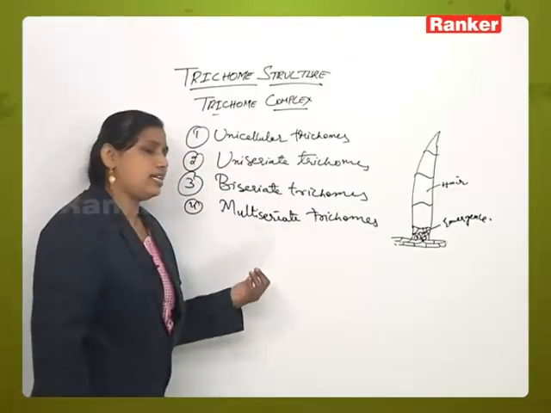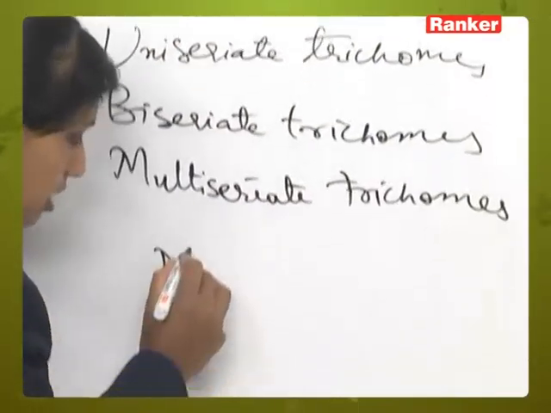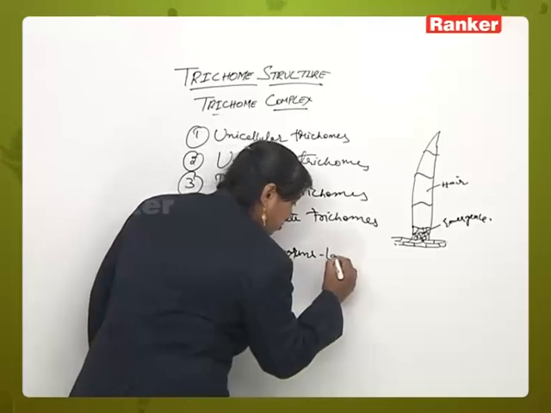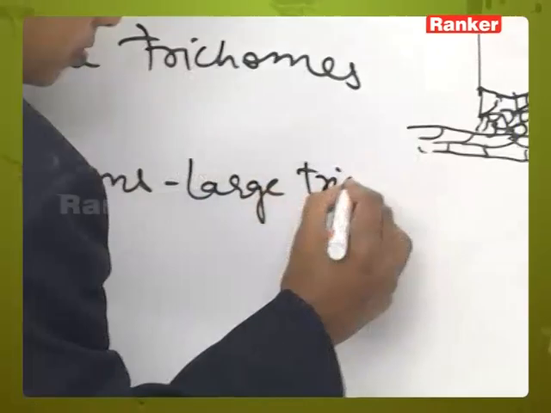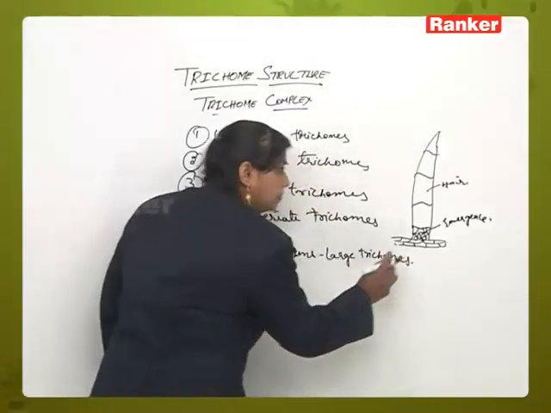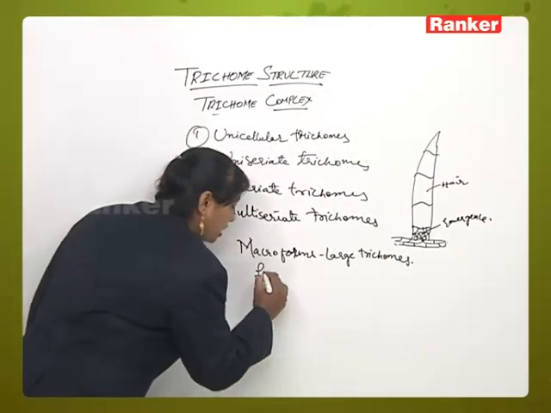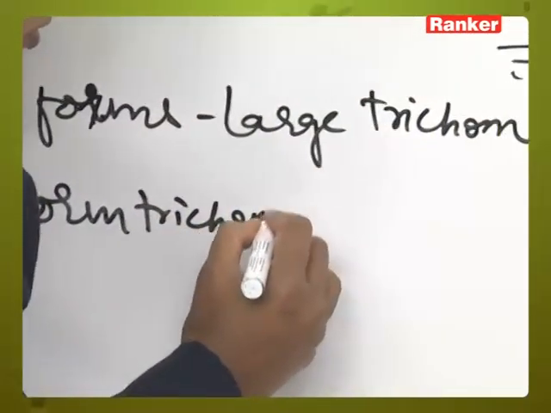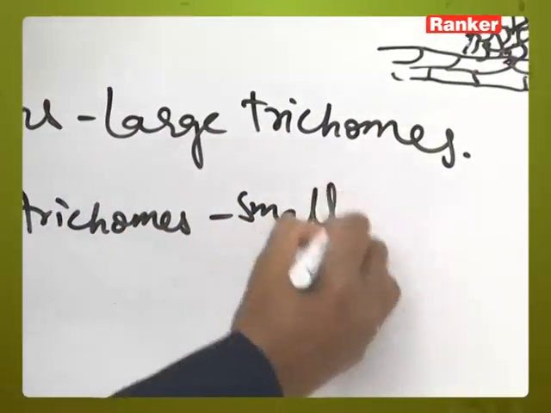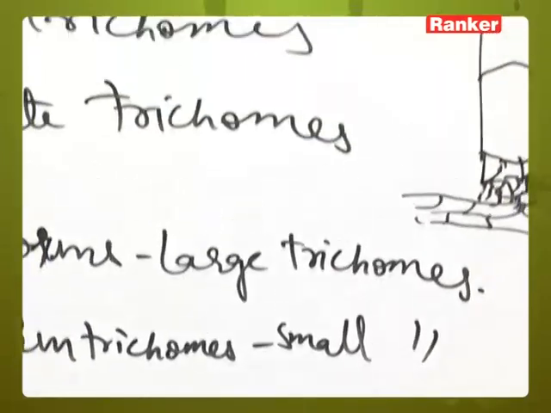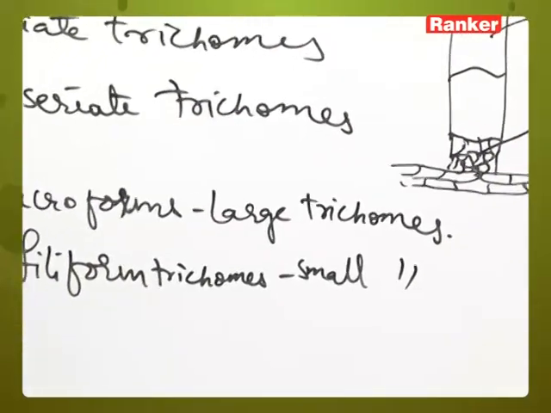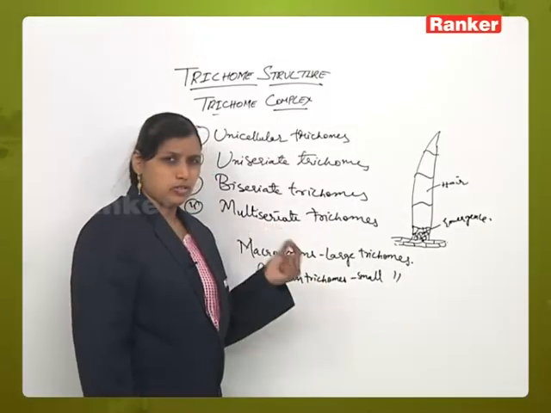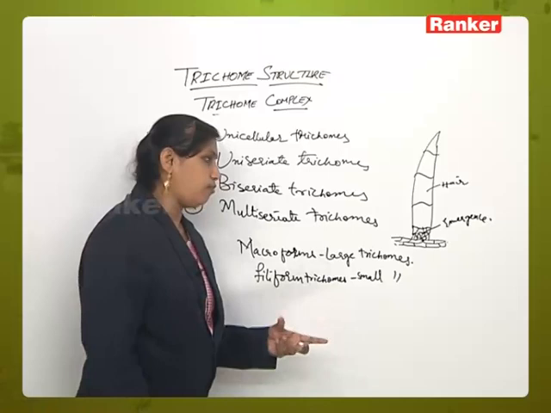And of these, the large size trichomes are called macroforms, and the smaller trichomes, the minute hair-like structures, are called filiform trichomes.